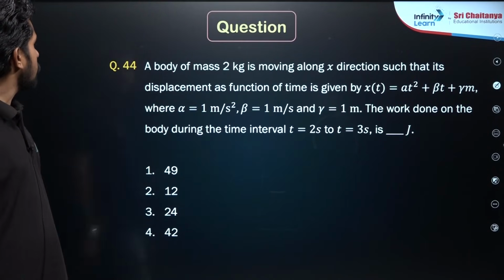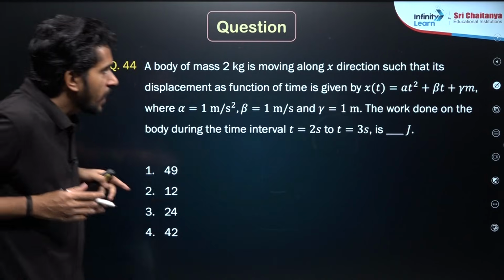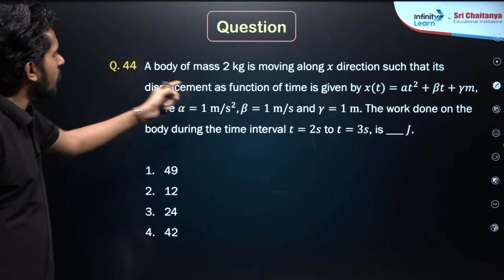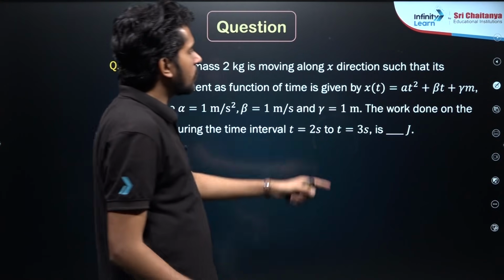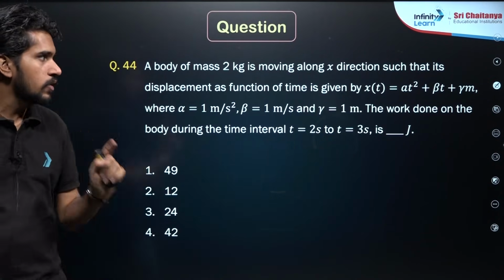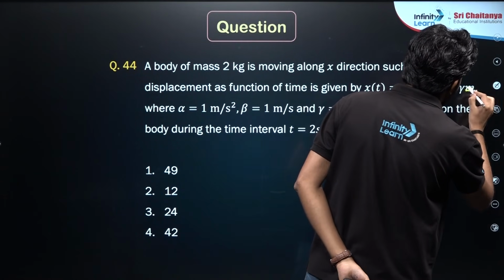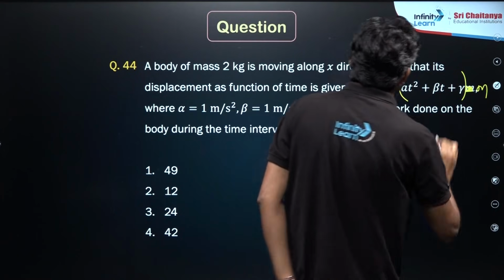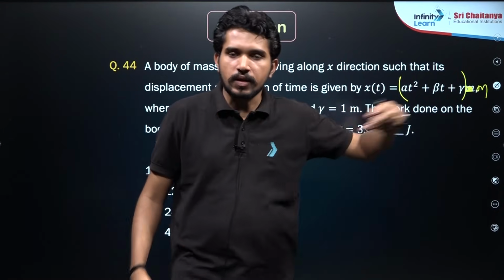Now next is a body of mass 2 kg moving along the x direction such that its displacement is a function h(t) equals alpha t square plus beta t plus gamma. You write m for meter somewhere here, because this displacement value is given in meters.